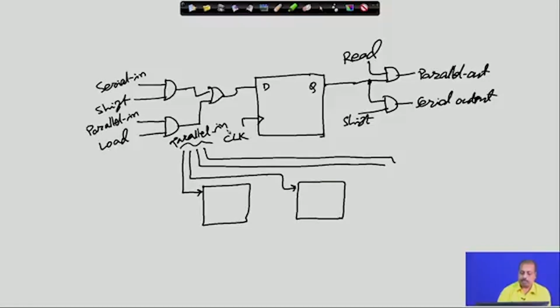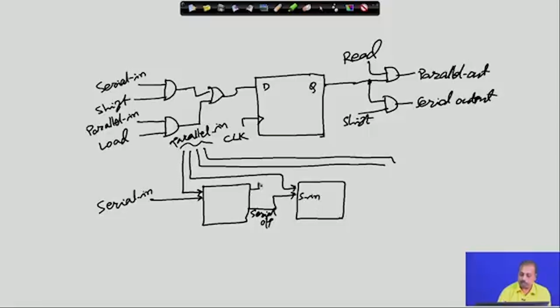The first bit is connected to the first flip flop, the second bit is connected to the second flip flop, like that. But serial in, the first bit is connected directly. So, this is the serial in, and the serial output of this flip flop should be connected to the serial in of the next flip flop.